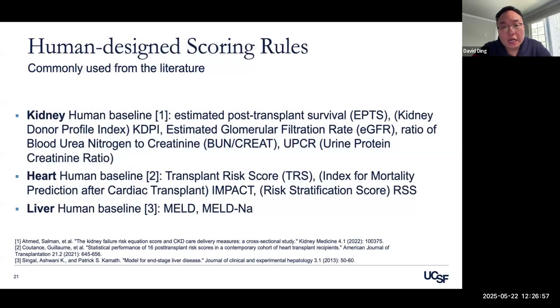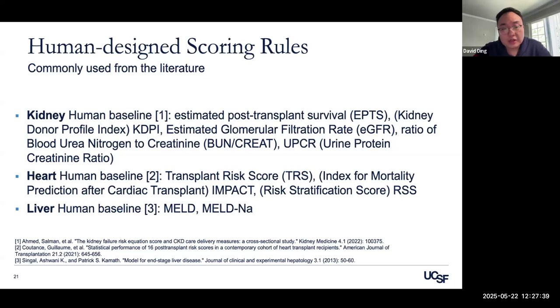So here is more introduction to the human designed scoring rules. These scoring rules are commonly used in the literature and in real-world clinical practice. For the kidney transplant, the human baselines include the EPTS, the KDPI, the eGFR, the ratio between blood urea nitrogen and creatinine, and also the UPCR. We use these commonly used kidney function or kidney disease evaluation scores to predict rejection after kidney transplant.